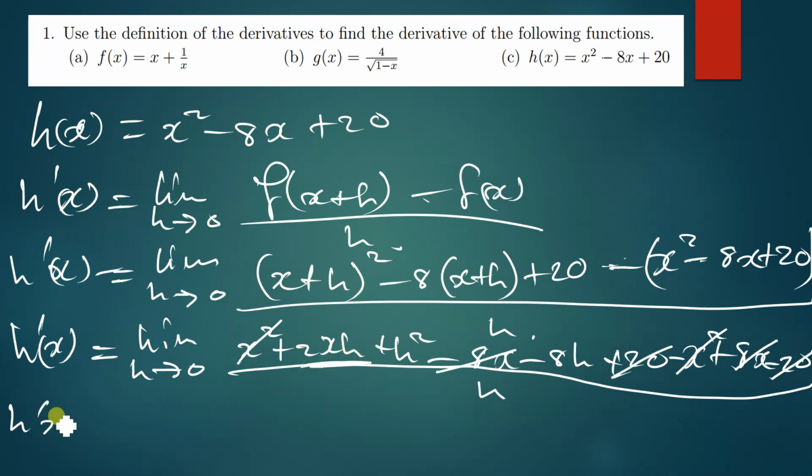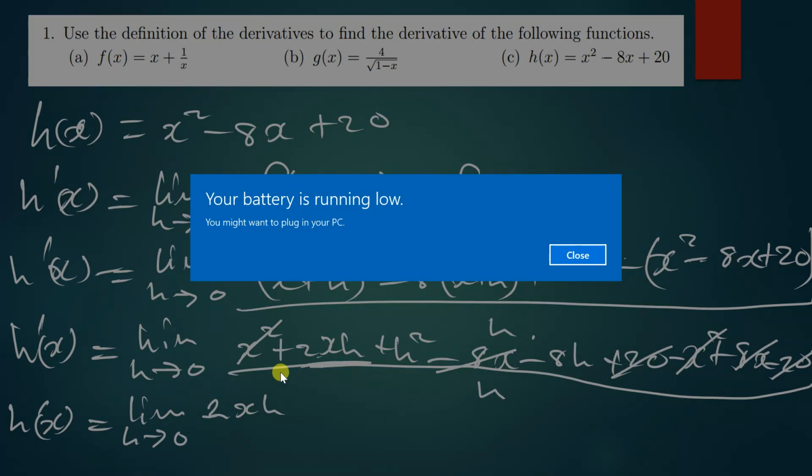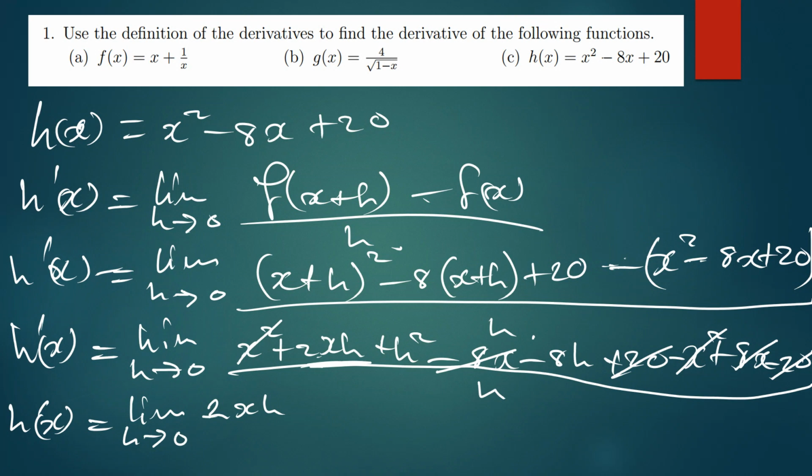So let me write it here. h prime of x is equal to the limit as h approaches 0 of 2xh plus h squared, and we have minus 8h. What else is remaining? Nothing.